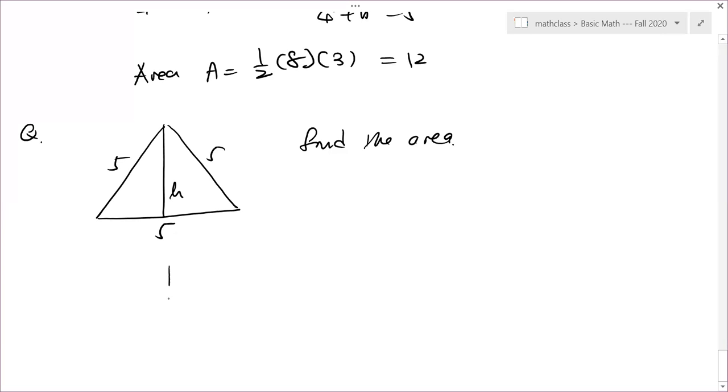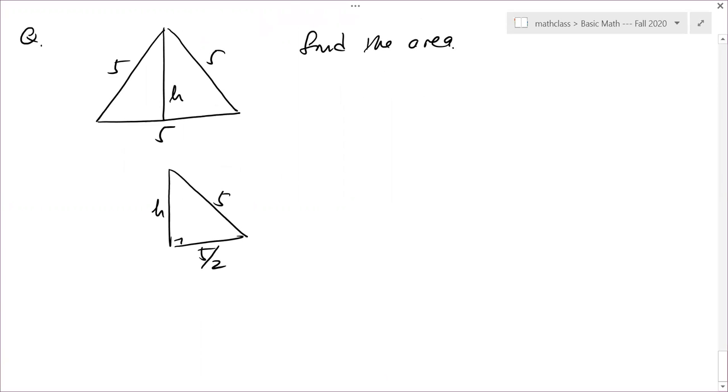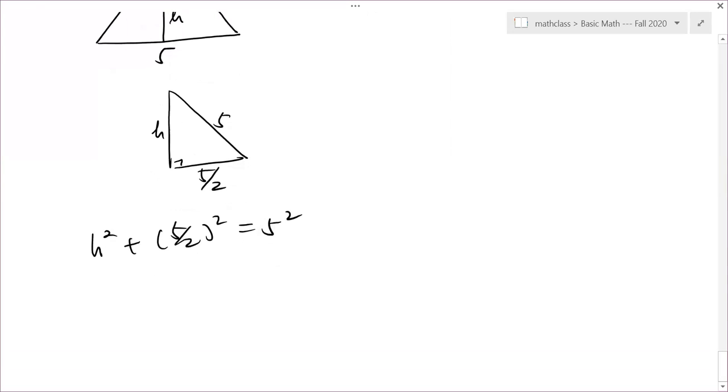But what you have here is this right triangle, right? So they're equal. So this is a 5, here's a 5/2, right? You don't use decimals, just fractions. By the Pythagorean theorem, h squared plus (5/2) squared equals 5 squared. So you get h squared equals 5 squared minus (5/2) squared.